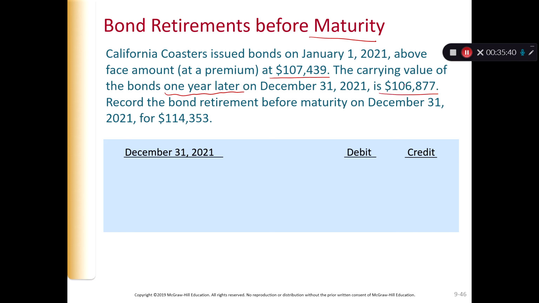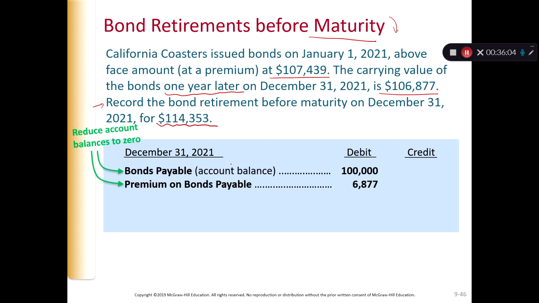Remember, when issued at a premium, the carrying value is always decreasing. So one year later, the carrying value is only $106,877. To record the bond retirement before maturity, this company paid $114,000 to retire this bond. So how do we record that?